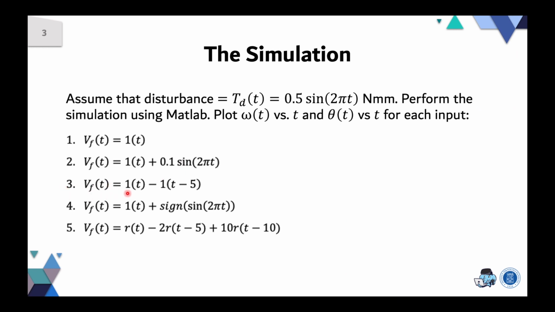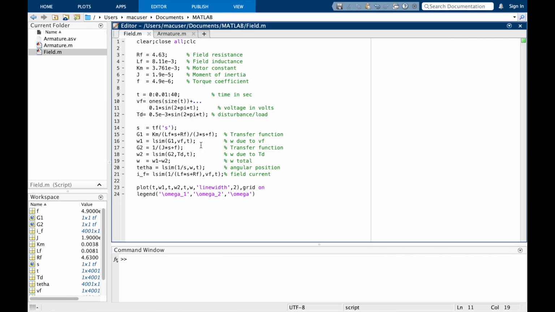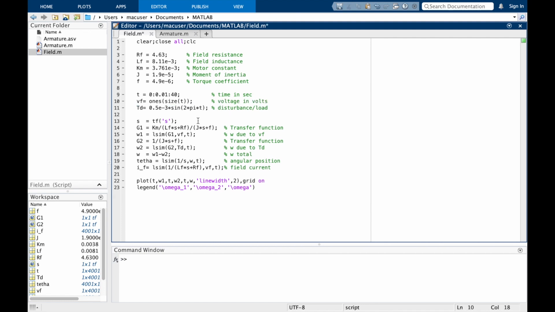Number three is a step function plus another step function that is delayed by 5 seconds, which means that this one steps at t equal to 5 seconds. So what we do here is go back to the original one. This is VF, and this is omega 1.